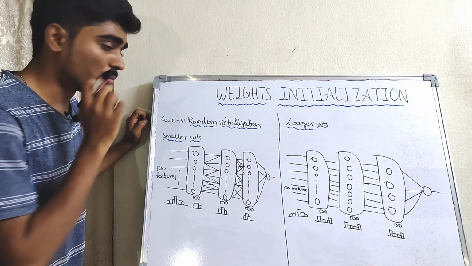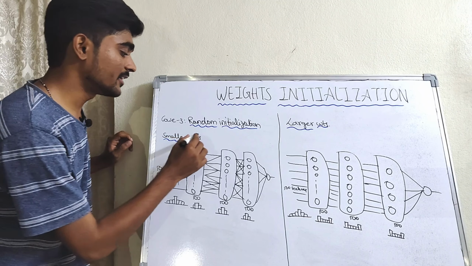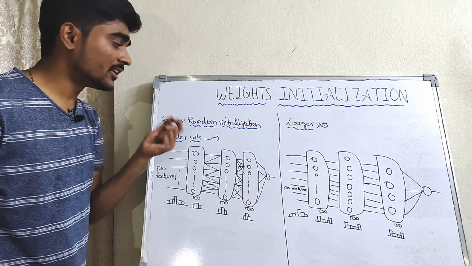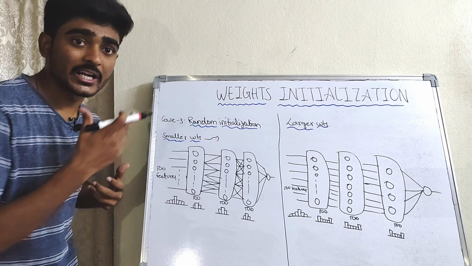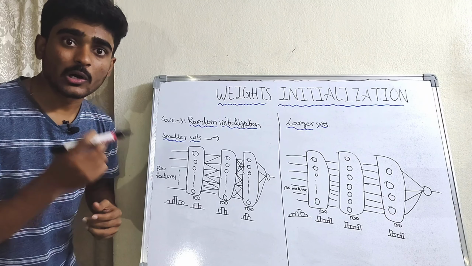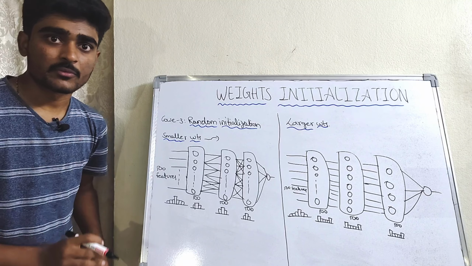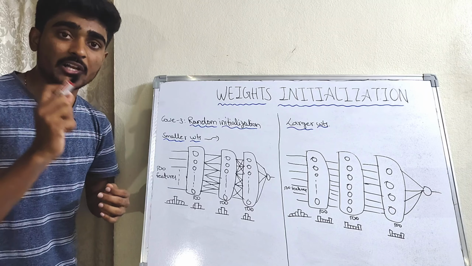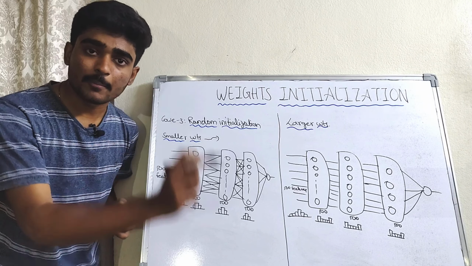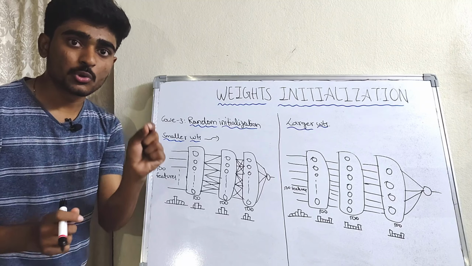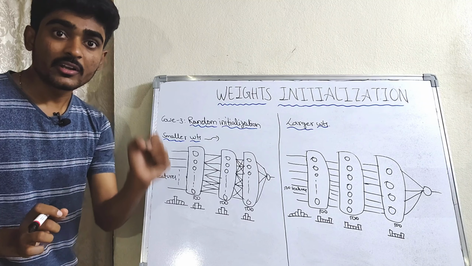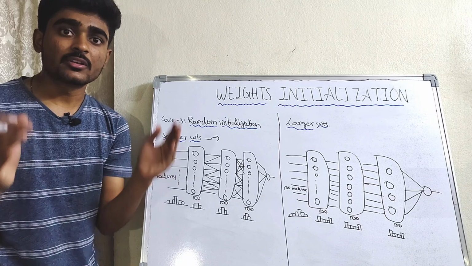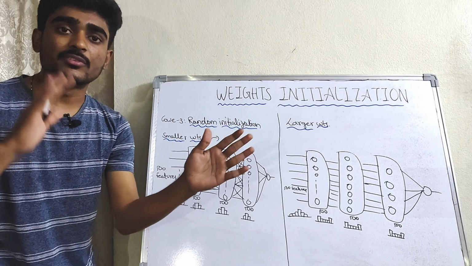When it comes to smaller weights, while initializing random weights, we specify a certain range. Let's say we specify 0 to 0.01, meaning all the values of the weights and biases must be initialized between 0 and 0.01. If we specified 0 to 1, all the values would be in the range of 0 to 1.